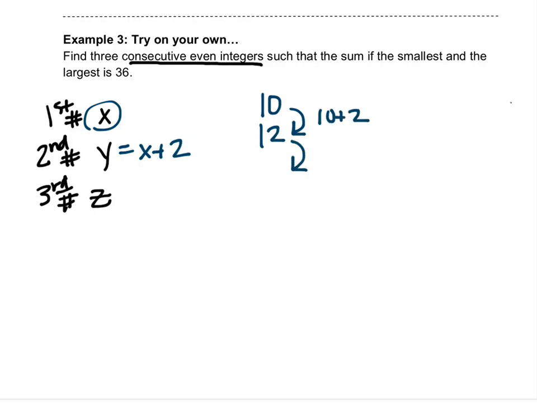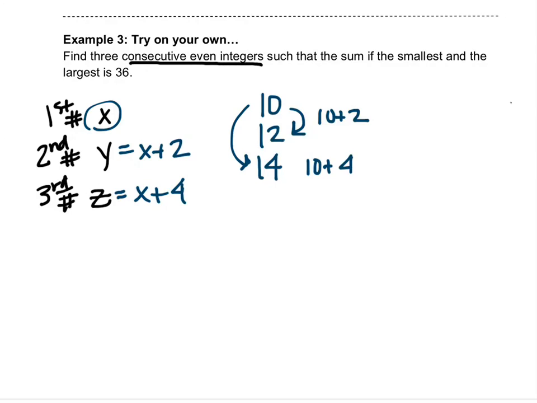And in order to get from 10 to 14, I'm going to have to add 10 plus 4. So that's why I have the x plus 2, and my third number will be x plus 4. And again, that's in the very beginning of the sheet.